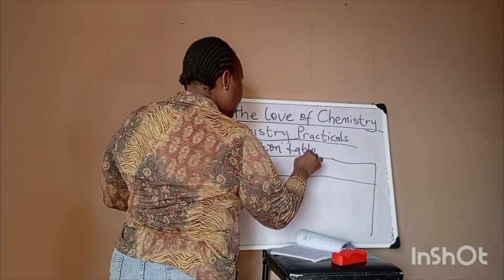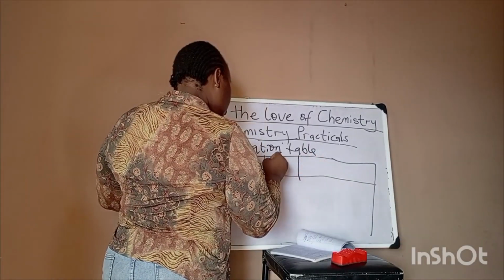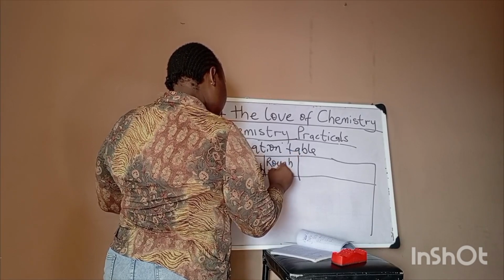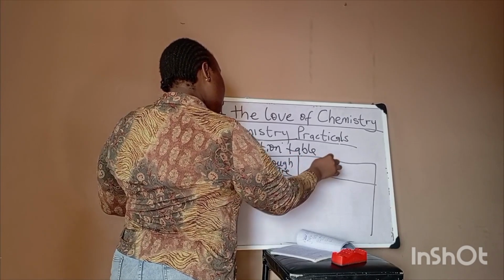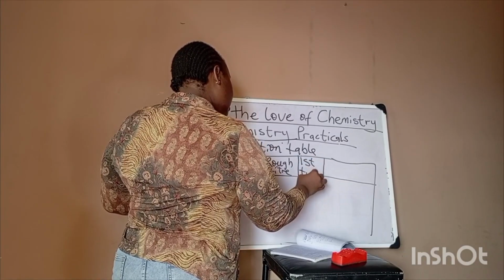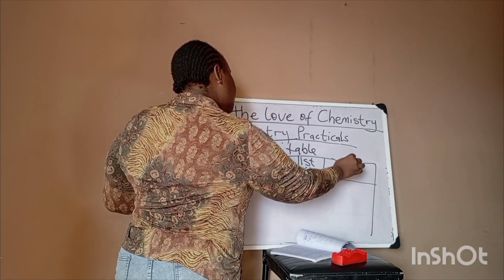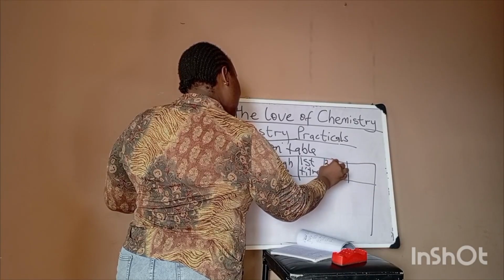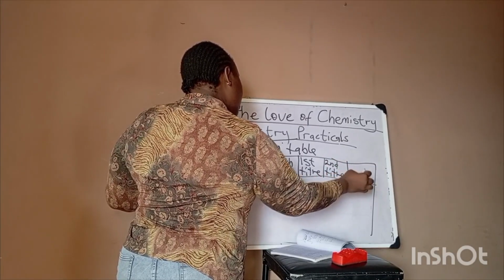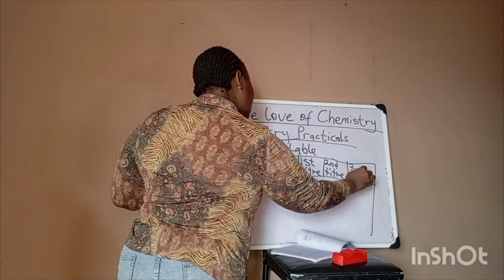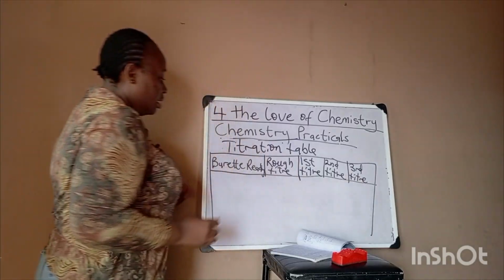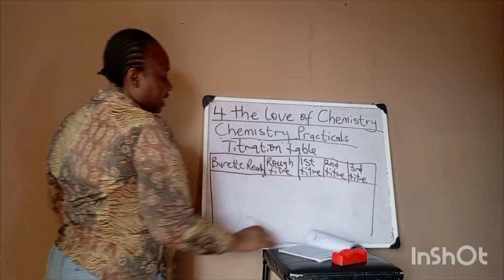The second heading is rough titer. The third heading is your first titer. The fourth heading is your second titer. And your fifth heading is your third titer.